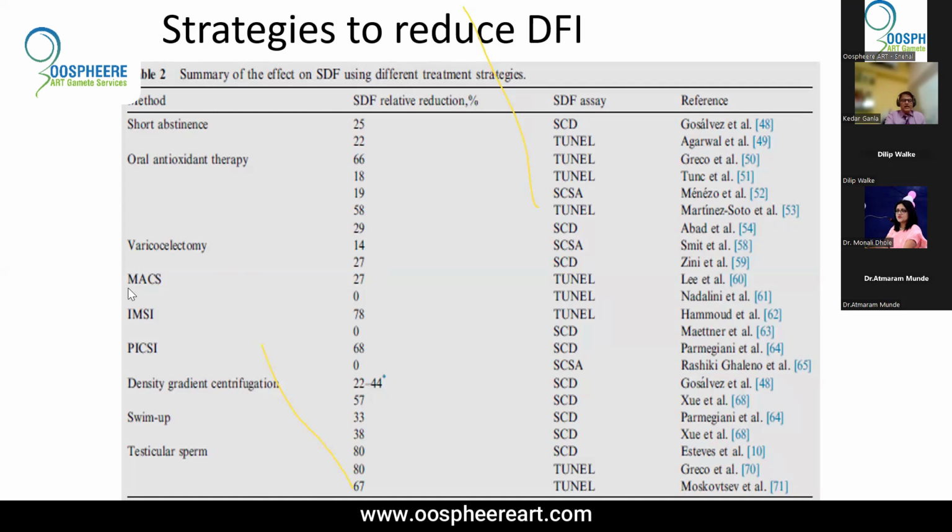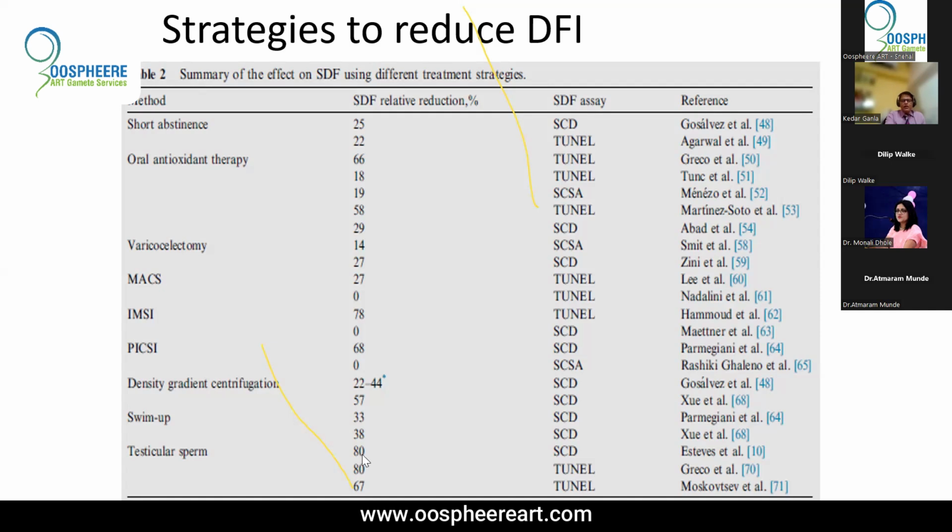When you use techniques like MACS, MC, PICSI, again it can reduce the DNA fragmentation. There are different schools of thought regarding this, because MC can visualize the sperm, but it doesn't visualize the DNA material. Swim up and swim down, or testicular sperm. Look at testicular sperm. It can reduce DNA fragmentation up to 80%.